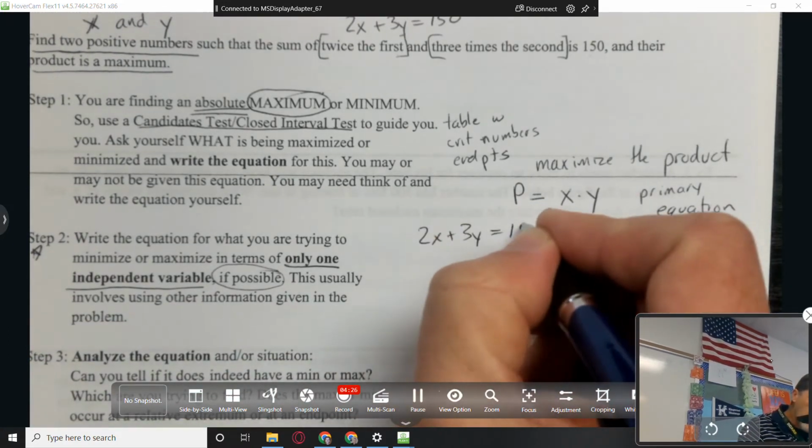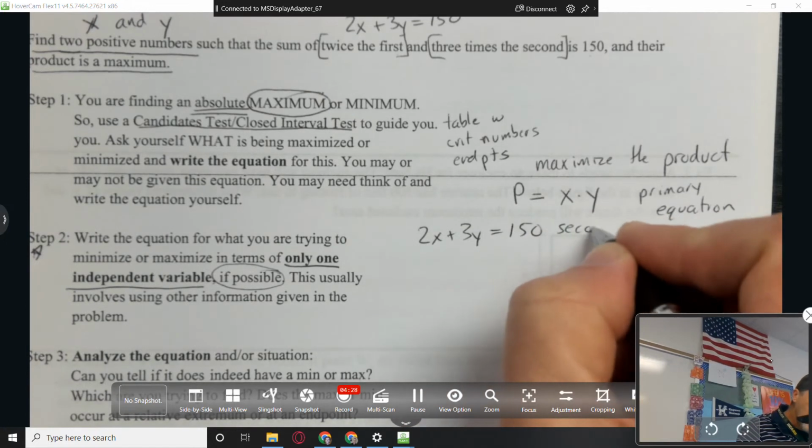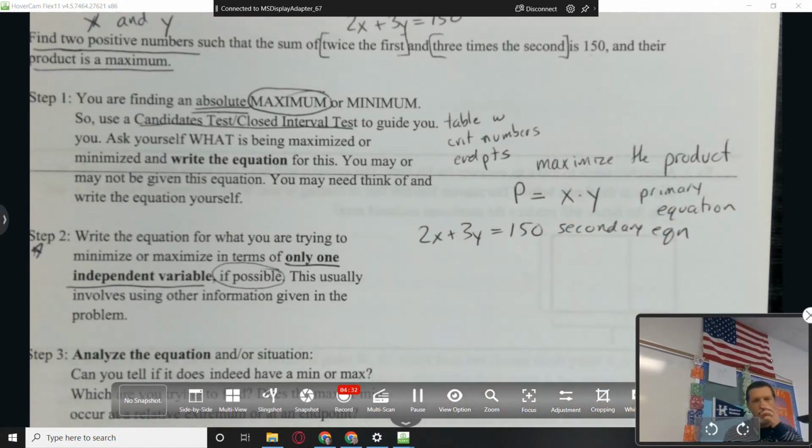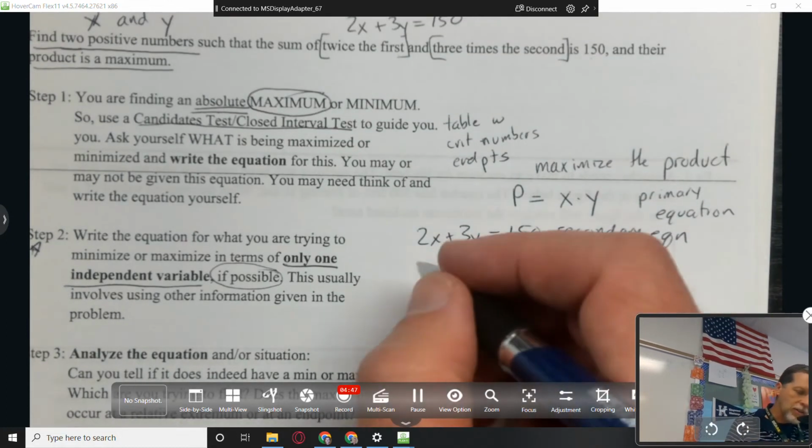2x plus 3y equals 150. That's our secondary equation, our helper equation. I'm not minimizing or maximizing that. I'm not taking a derivative of that. But I am going to use that. It's going to help me. So I'd like to solve for x or y, and it doesn't really matter which one.